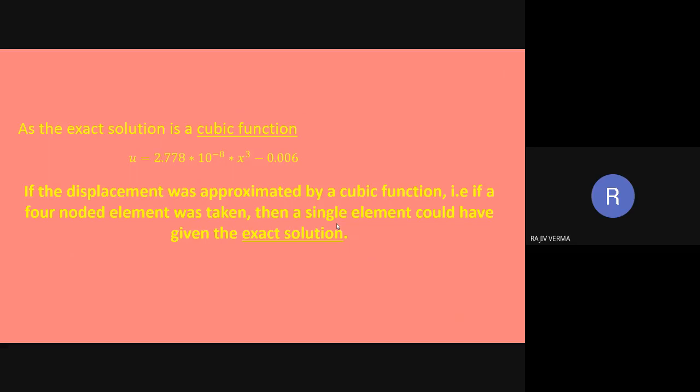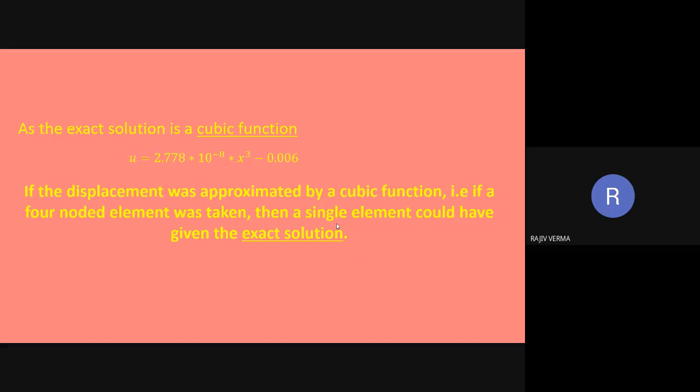Now, this is also important, as the exact solution is a cubic function. Since in the exact solution there happens to be a term x raised to power 3, the exact solution happens to be a cubic function.